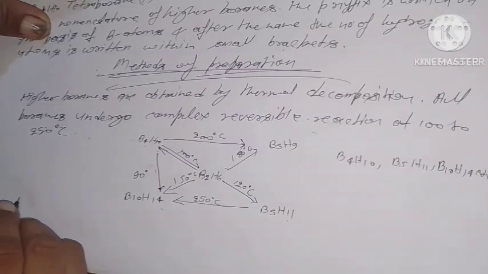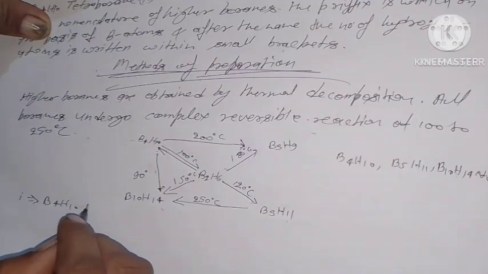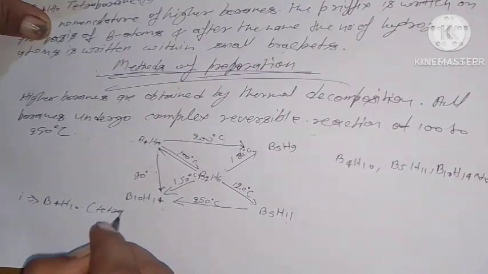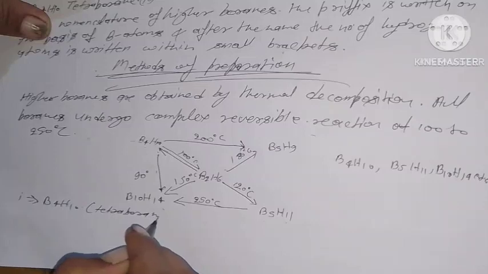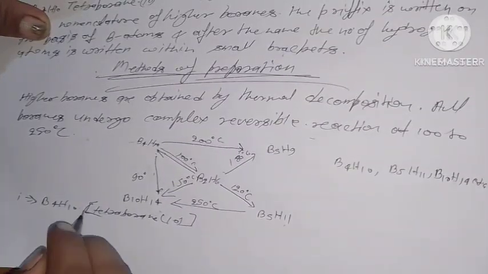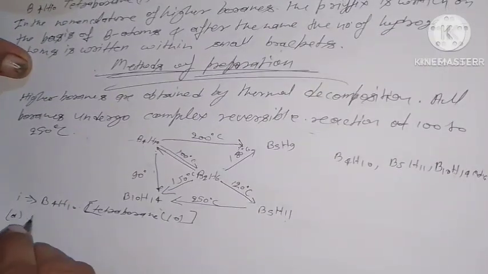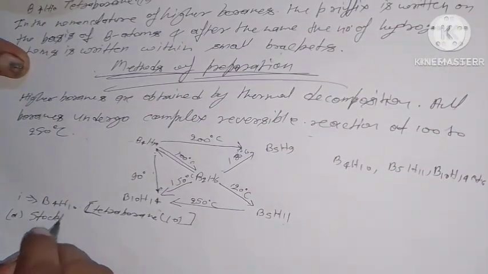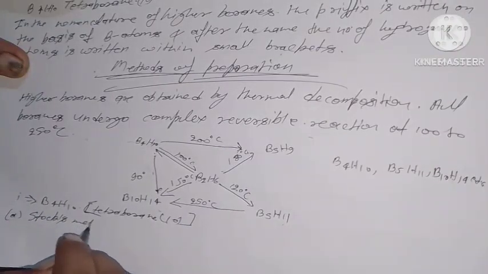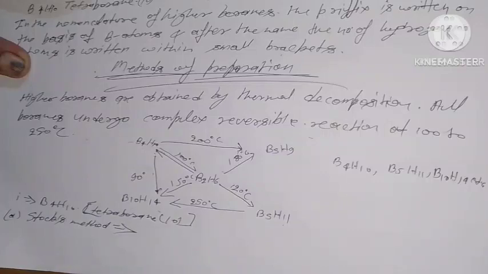First point, you can show how to achieve B4H10, tetraborane-10. Point A, Stock's method.